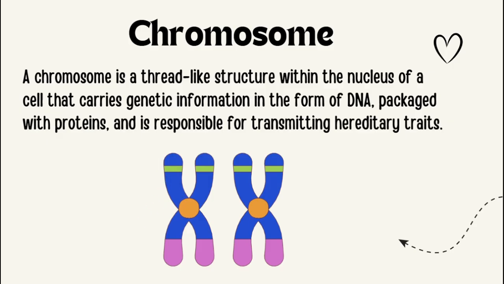So when they are decondensed or uncondensed, it makes them a lot harder for us to see, right? When they are not condensed. So when they're condensed, they resemble this, but in all reality, they are made up of thread-like structures, right?